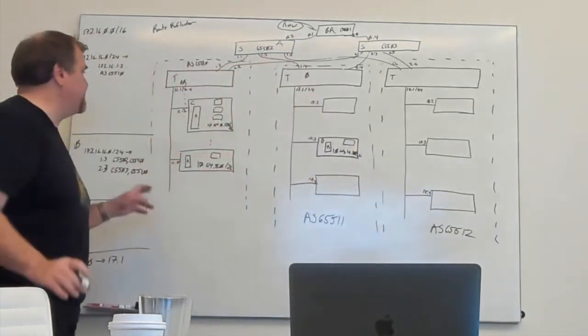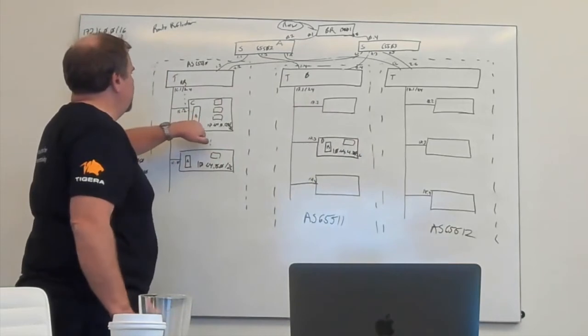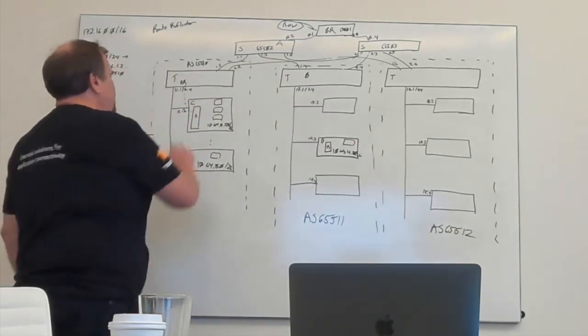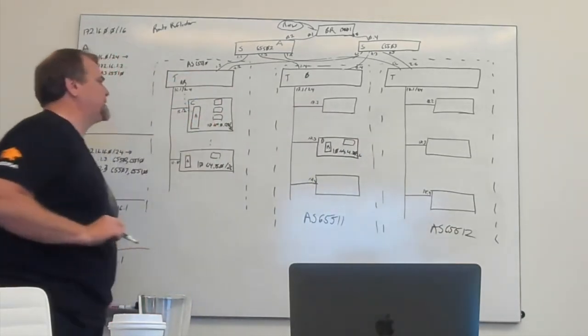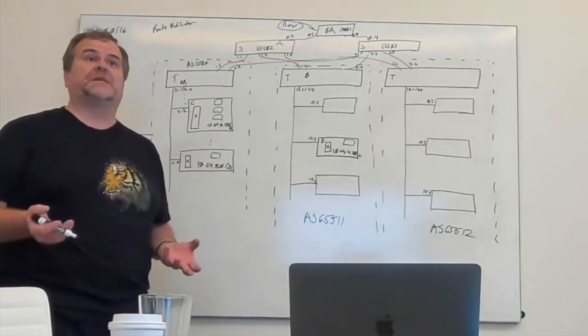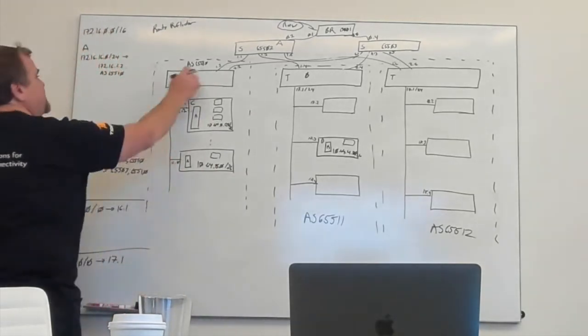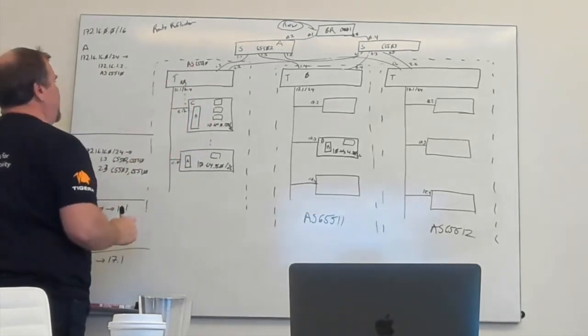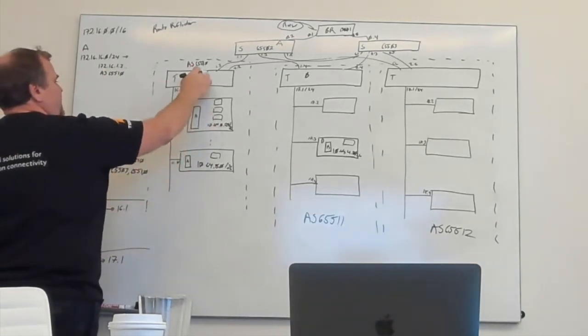So what's going to happen is this router, 16.2, will tell this top of rack switch that it knows how to get to 10.64.0.128/26.